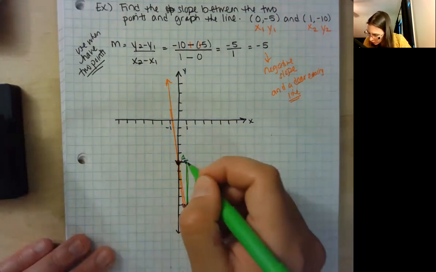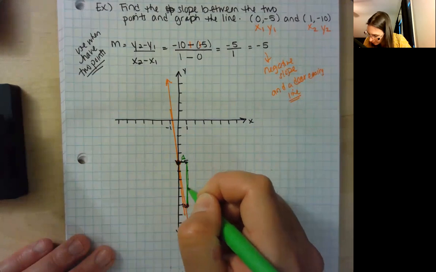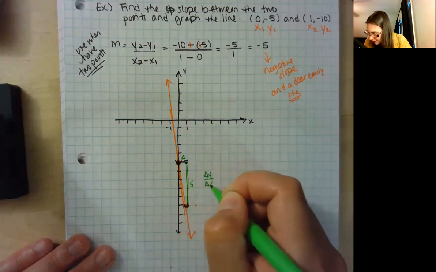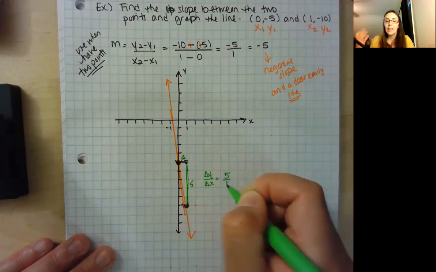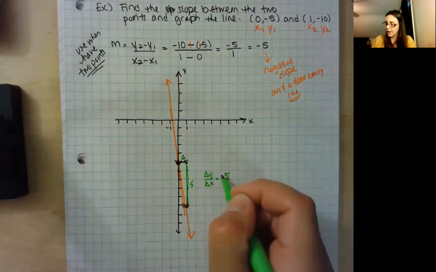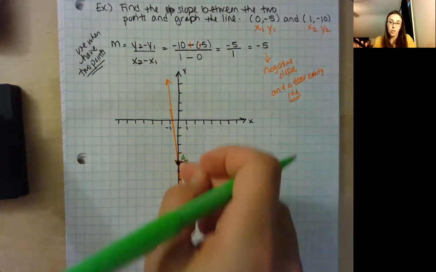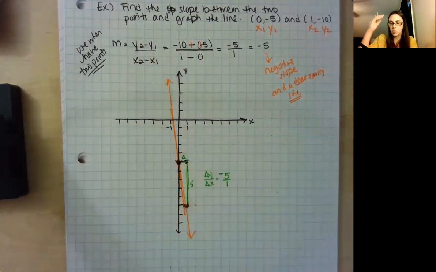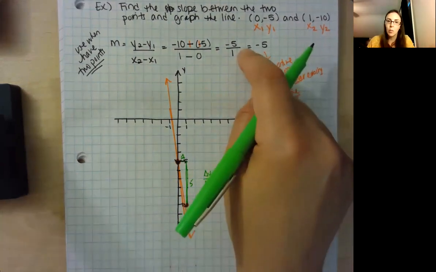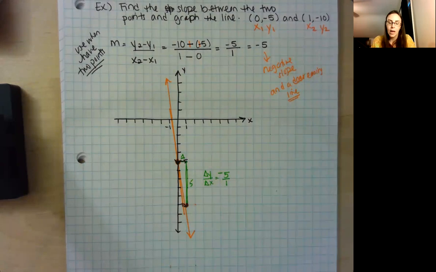In this way, I see a change of 1, 2, 3, 4, 5. If I look at my change in y over my change in x, I see that 5 over 1 change. Now here, the overall graph is going down. So it is going to be a negative 5 change, right? Because I'm going in the downward direction, whereas last time I was going in the upward direction. But I can see that it matches that slope. So I can see the slope visually on my graph, which I think is pretty cool, honestly.